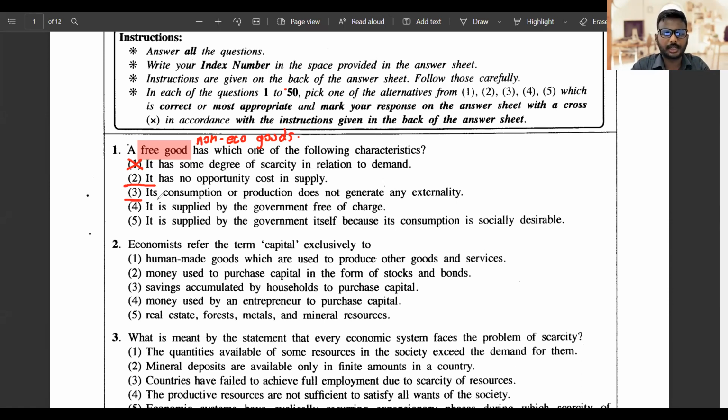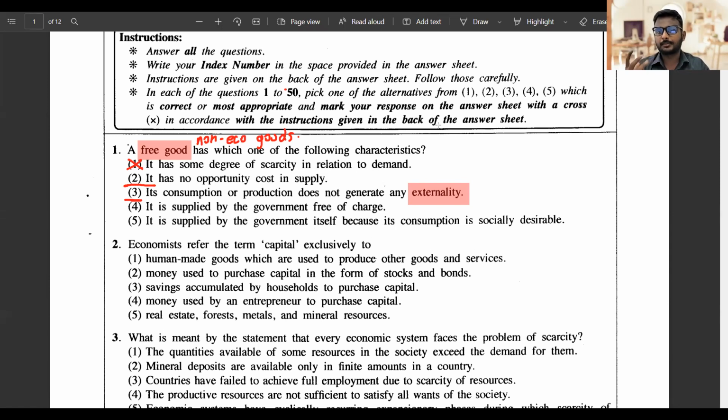In which chapter? Any idea? Externalities. In chapter number 8. That's where you will learn about externality in detail. Externality means whenever there's a consumption or production done, if a third party is getting affected by that production or consumption, that's called externality.